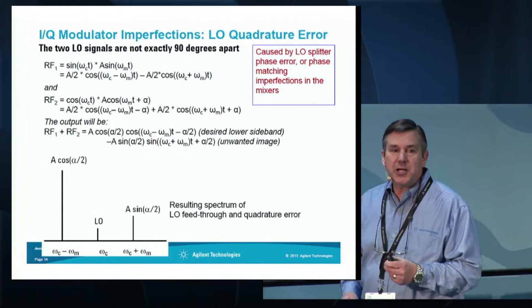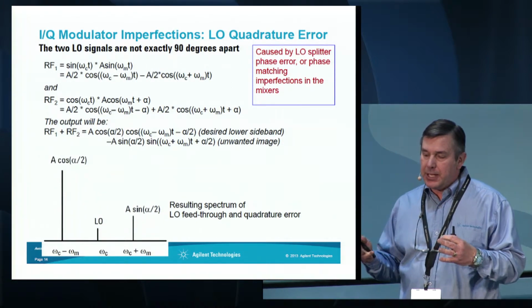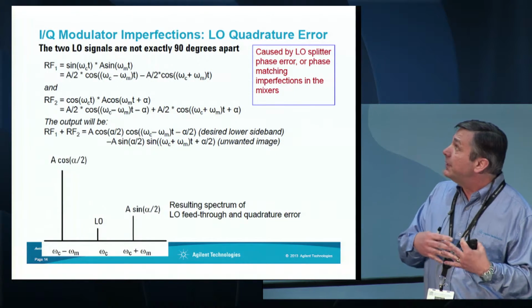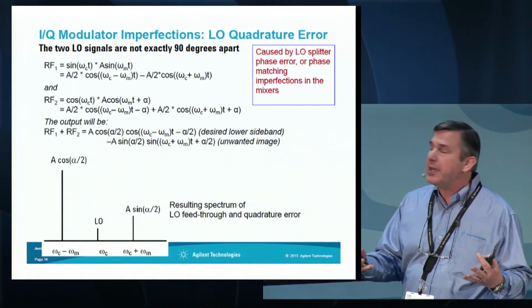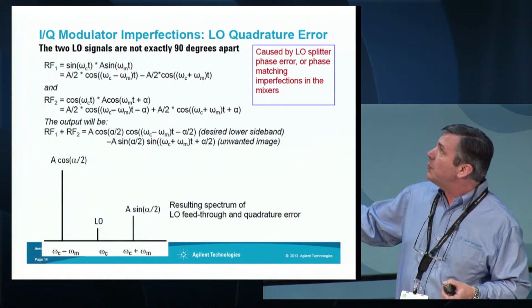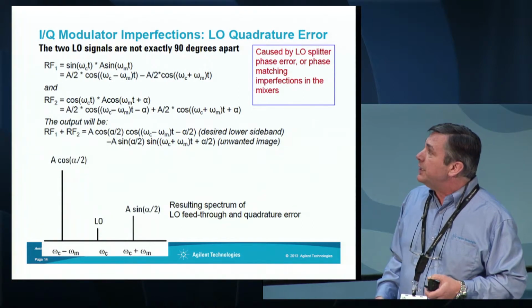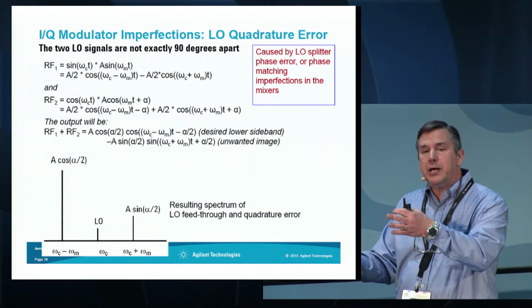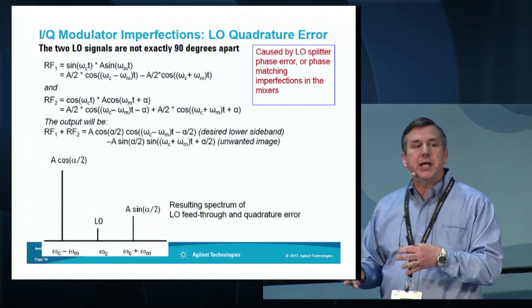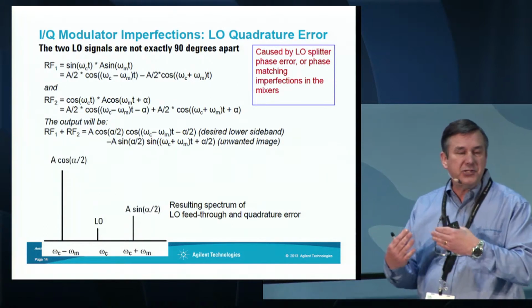So let's move on to some other IQ modulator imperfections that you may encounter. And one of those is quadrature error, where the signals that are split from your LO are not exactly 90 degrees phase difference between them.